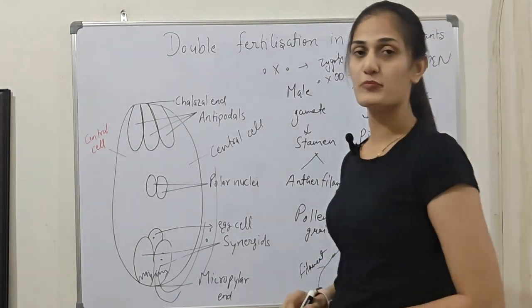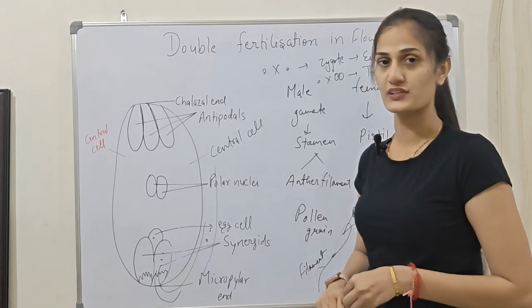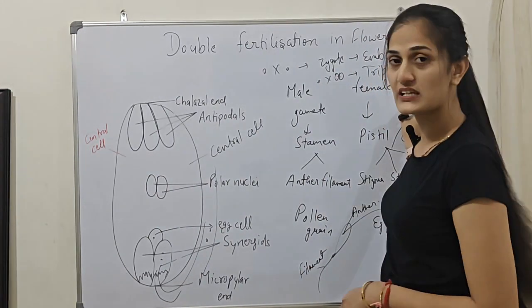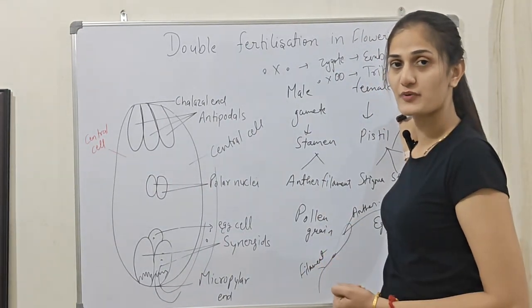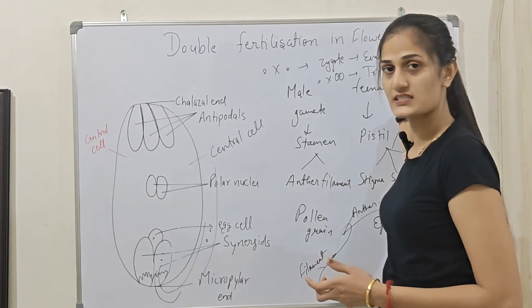PEC stands for the primary endosperm cell, and PEN stands for the primary endosperm nucleus. This primary endosperm cell further develops into the endosperm, and it will give nourishment to the developing embryo.